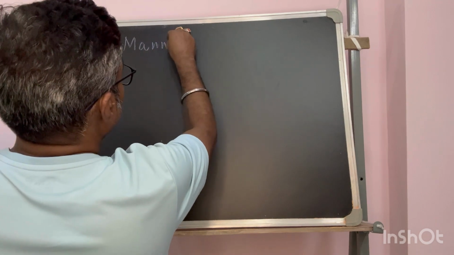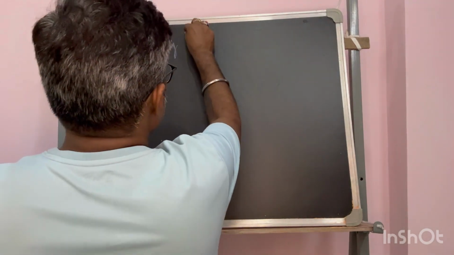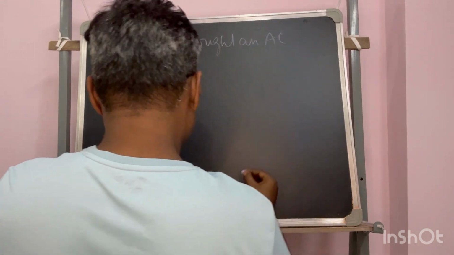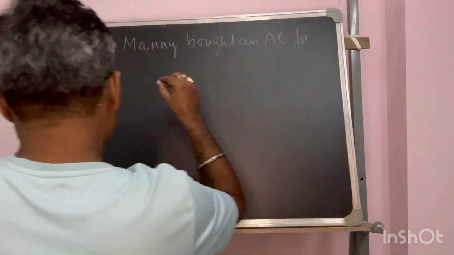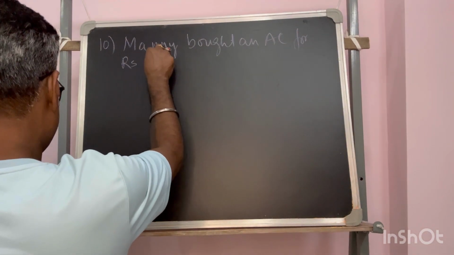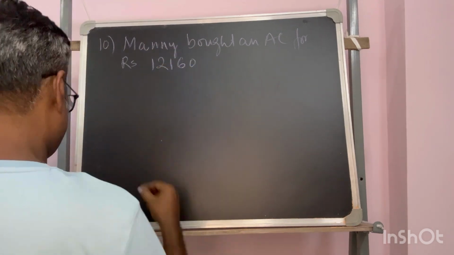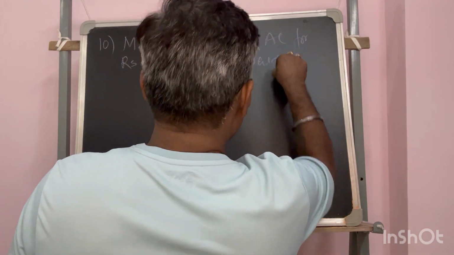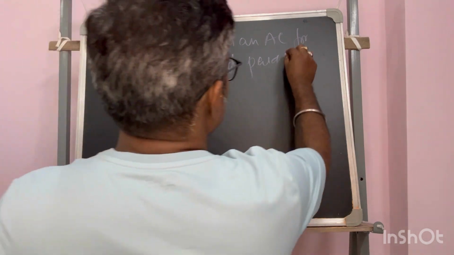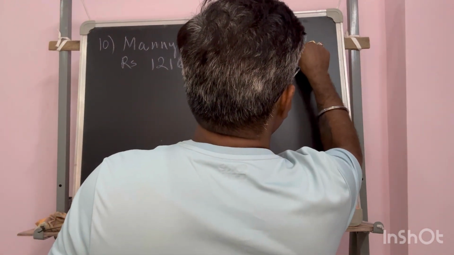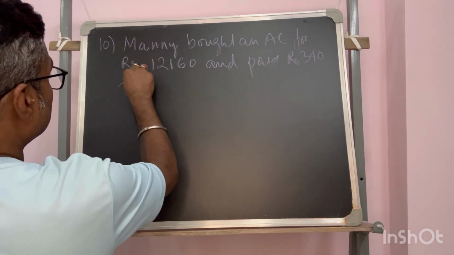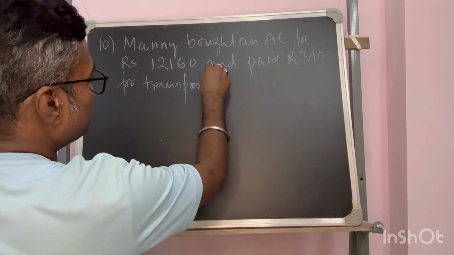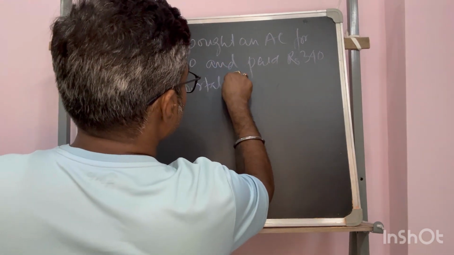So Manny bought an AC for rupees 12160 and paid rupees 340 for transportation.